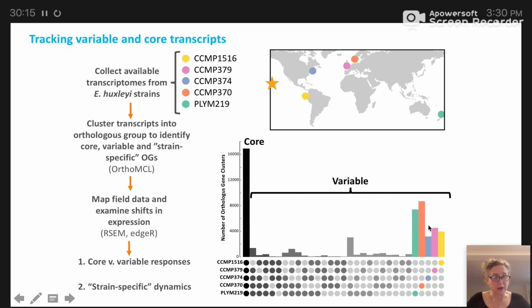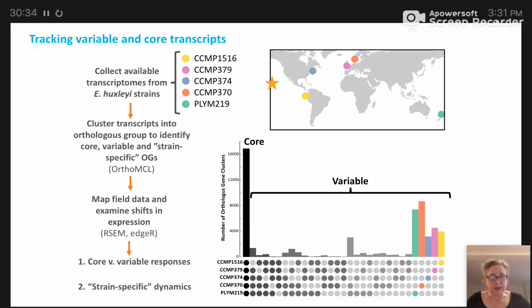And then the colors here on the right are strain-specific OGs. So these are transcripts that are only found in the given strain and can be used to designate a strain-specific signal.